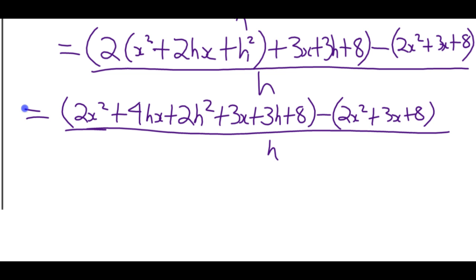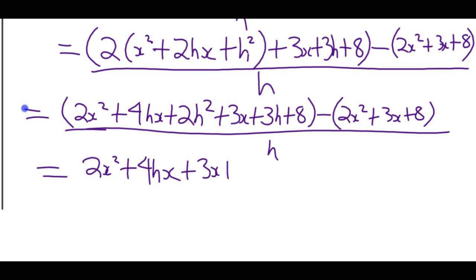Okay, equals. Now we'll do two things. We'll collect these terms and remove the brackets at the same time. So I'm now going to write this out, removing the brackets. It'll be 2x squared plus 4hx. Well, actually, there's really nothing to collect there.